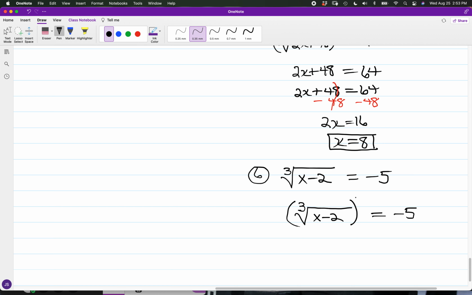If I liberate the x minus 2 from the radical, I can cube both sides. On the left hand side we have x minus 2. For negative 5 raised to the third, we have negative 5 times itself, which is 25, and then times negative 5, we get negative 125.